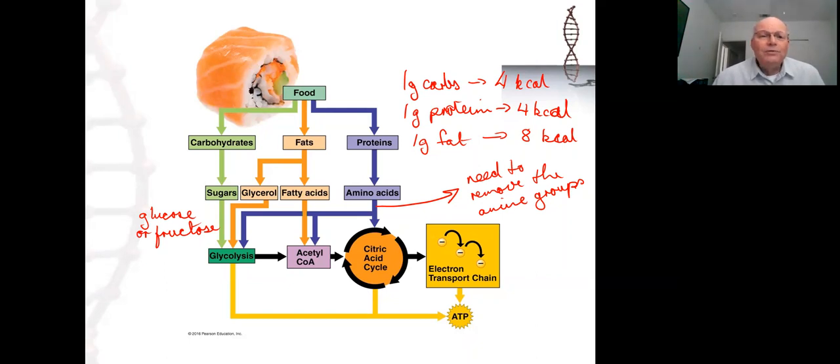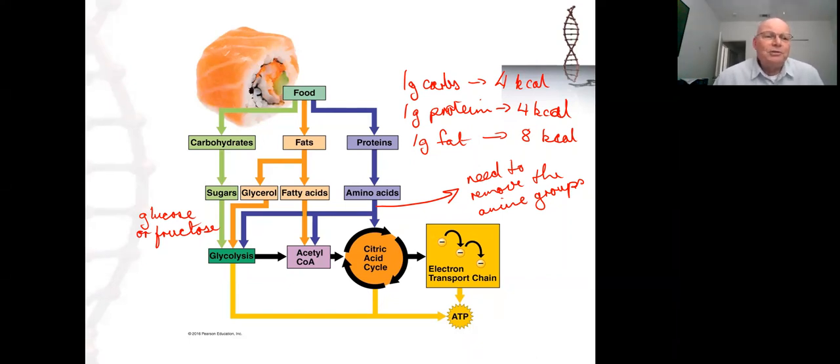Because you see how all of these foods feed into cell respiration? It turns out that those chemical reactions can either be directly reversed or have a functional reversal in the case of carbohydrates. So you can't really reverse the chemical reactions of glycolysis because there is an irreversible step in glycolysis.